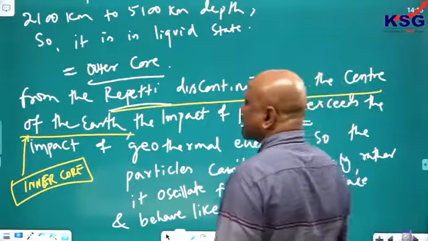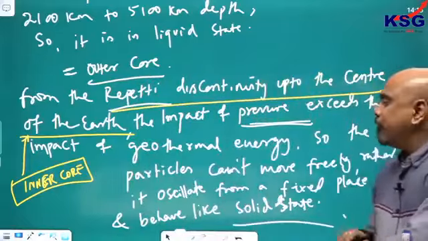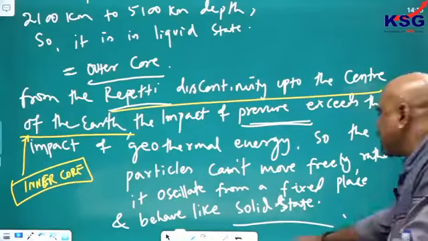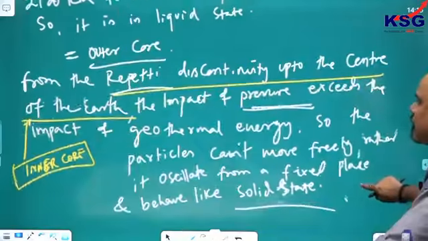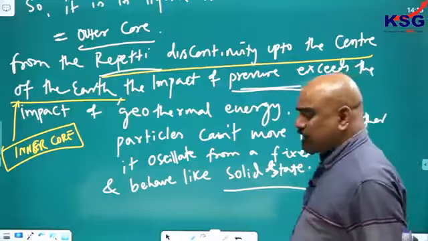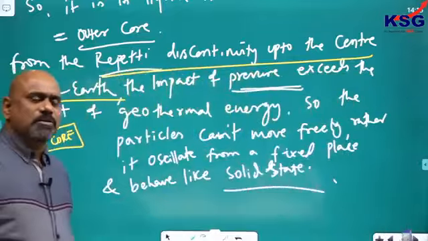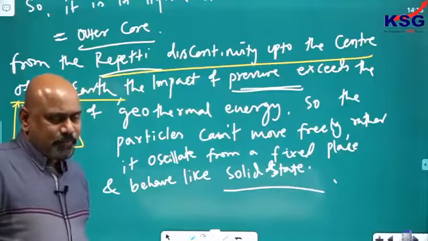Finally, from the Lehmann discontinuity up to the center of the earth, that is the inner core, the impact of pressure exceeds the impact of geothermal energy. That is the cause we called the inner core solid.